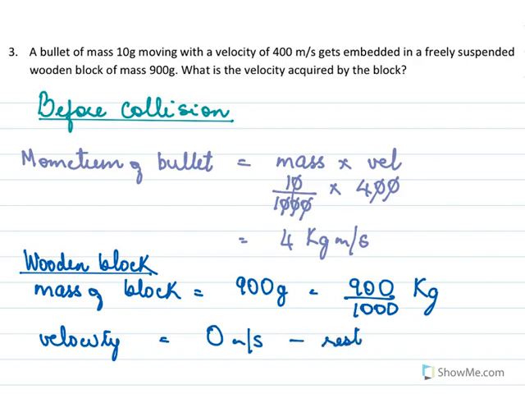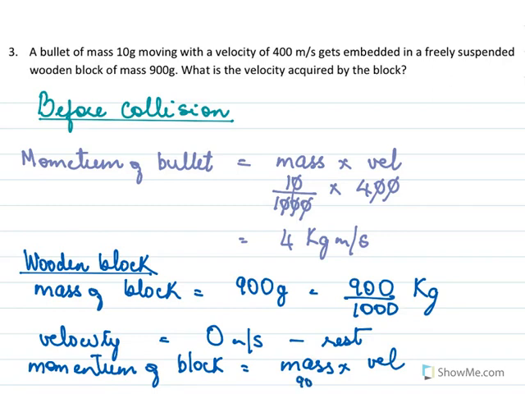So the momentum of the block is initial momentum, which is mass into initial velocity. Mass is 900 over 1000 into 0 velocity. So initial momentum is 0.